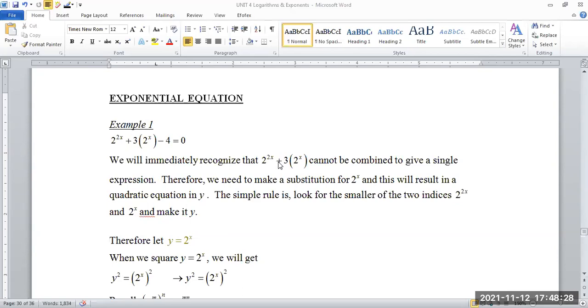Remember the laws that we did centered around multiplication and division. None of the laws that we did centered around addition and even by extension, subtraction. So I can't apply any of the laws. So we have to use a substitution. So what do you mean multiplication and division?